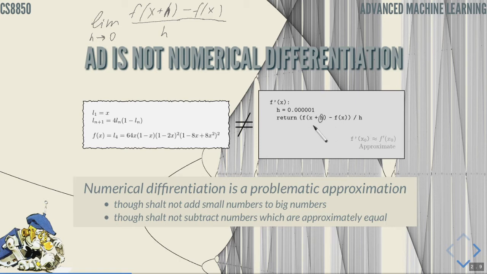We are adding a small number to some large number. Another commandment that it's violating is: thou shalt not subtract numbers which are approximately equal. When we add a really tiny value to the argument, the function will not change much. So when we're subtracting two numbers which are approximately equal, we're violating both of these commandments, one by one.